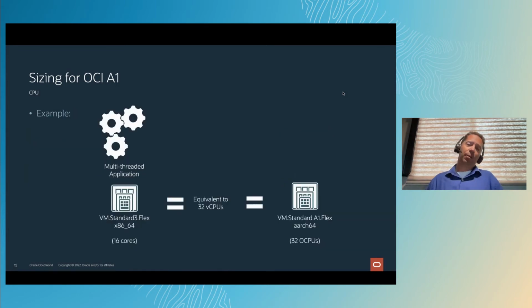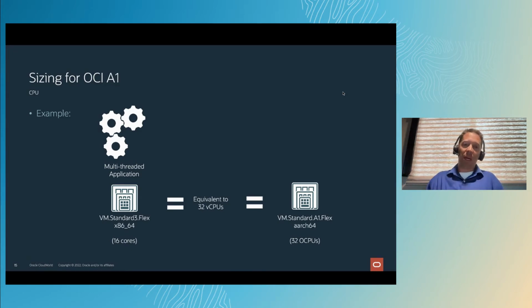Now, an example here. So we have a multi-threaded application. This is running on a VM.Standard3.Flex shape. So this is an x86 64 architecture. We have 16 cores allocated to this multi-threaded application, which yields approximately 32 vCPUs. So for testing purposes and begin trying things out, I would start with 32 OCPUs on a VM.Standard.A1.Flex shape. AArch64, the ARM.